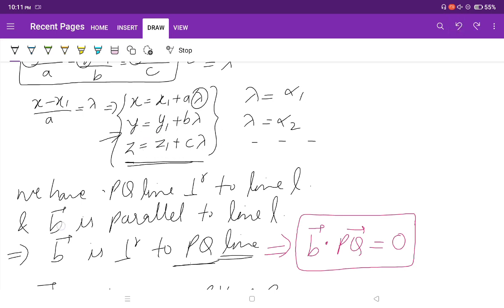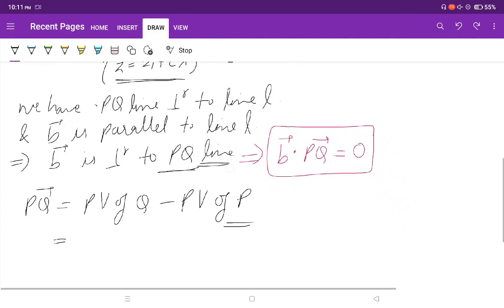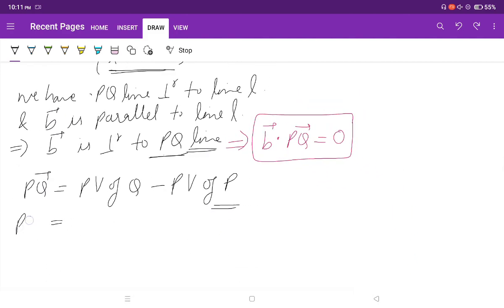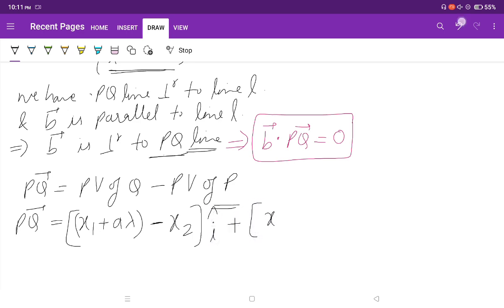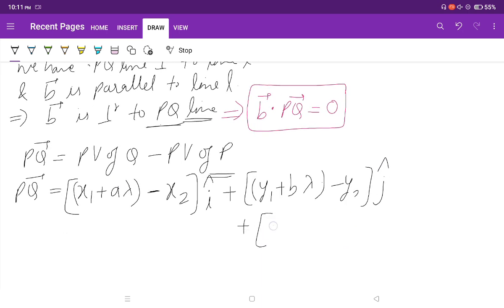So we have PQ vector as (x1 + a lambda - x2) i cap plus (y1 + b lambda - y2) j cap plus (z1 + c lambda - z2) k cap, right?